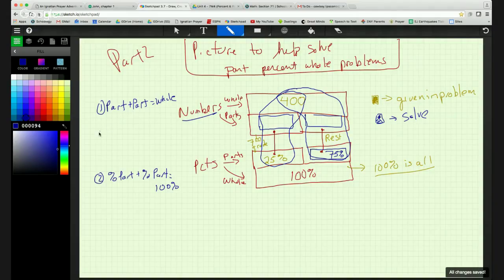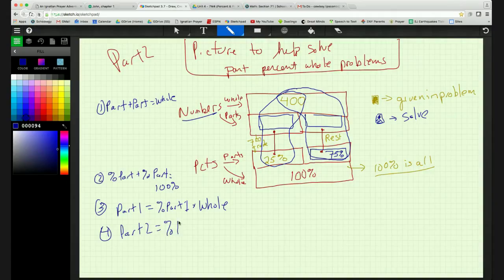We have 3, part 1 equals percent part 1 times the whole. And then 4, part 2 equals percent part 2 times the whole.